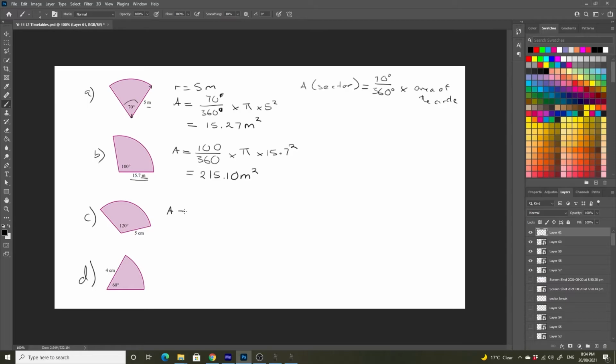Alright, in this one here we have 120 degrees and we have a radius of 5 centimeters.